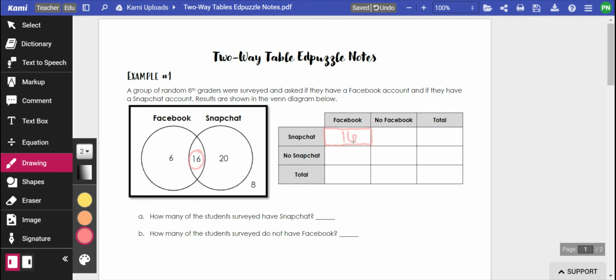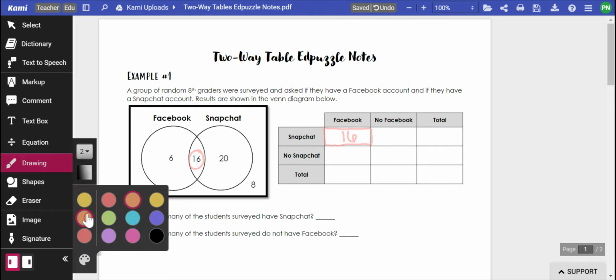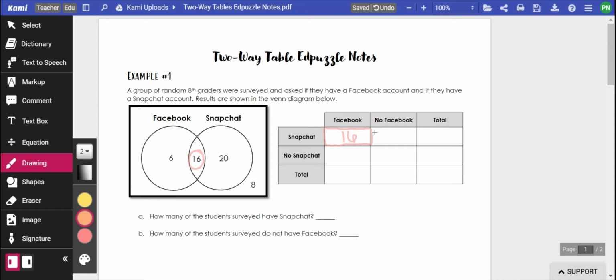16 people have both. So now for our next one, we want to look at who has Snapchat but doesn't have Facebook. So we're looking at the Snapchat circle but no Facebook. So I'm ignoring that middle piece. So in that case, that would be my 20. And then let's go to our next box.